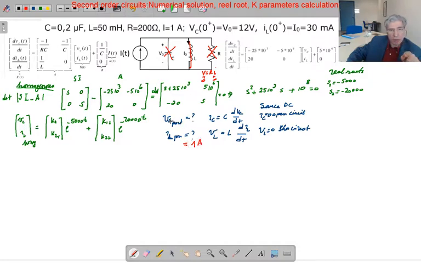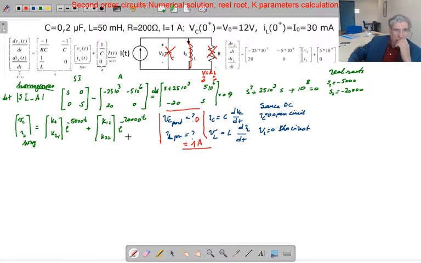What about capacitor voltage? Since this is short circuit, this is connected to the capacitor in parallel, so the capacitor voltage is equal to 0. So that is the particular solution that we found here.